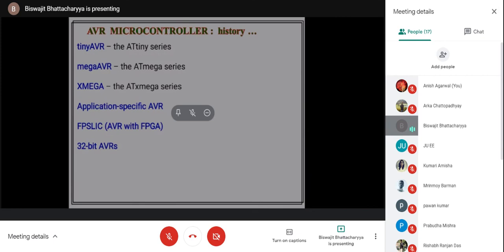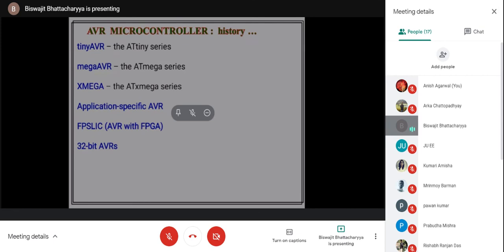We can write programs in a high level language like C, or Java, or many other high level languages, or we can write programs in bits and bytes also. So it's very easy to write a program, and it can support a lot of complicated features that are normally not possible using other microcontrollers. That's why it is gaining a lot of popularity nowadays.